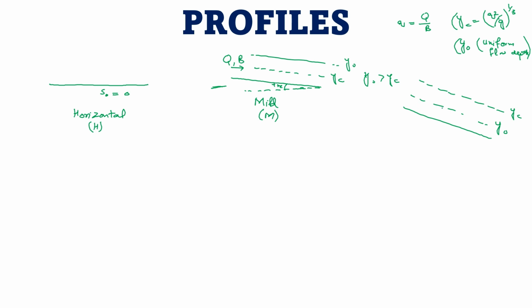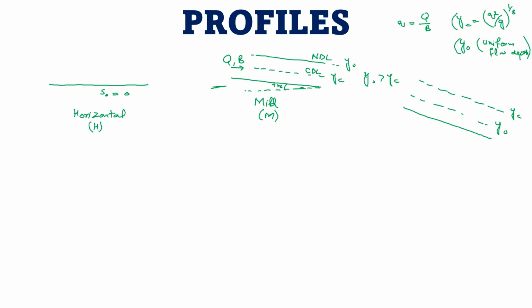It means that the uniform flow depth will decrease. For Yc, we draw a line known as the CDL, critical depth line. And for uniform flow depth, we denote it by NDL, the normal depth line.